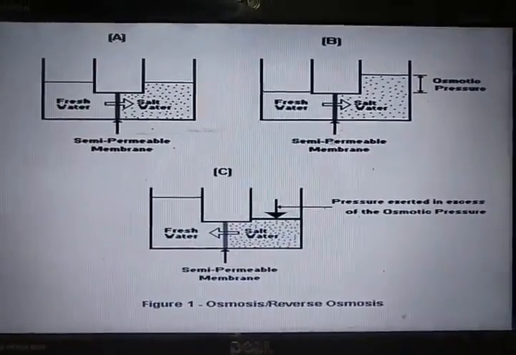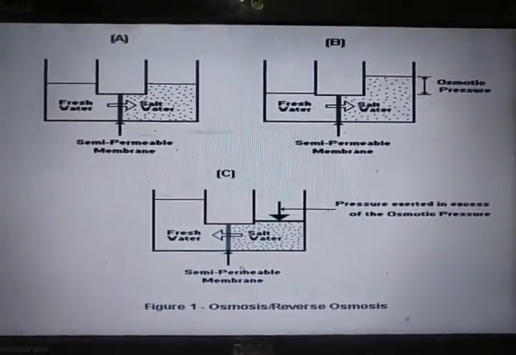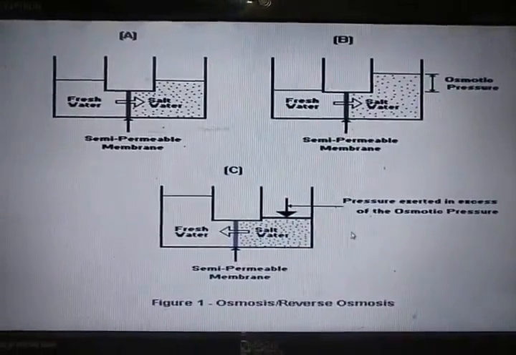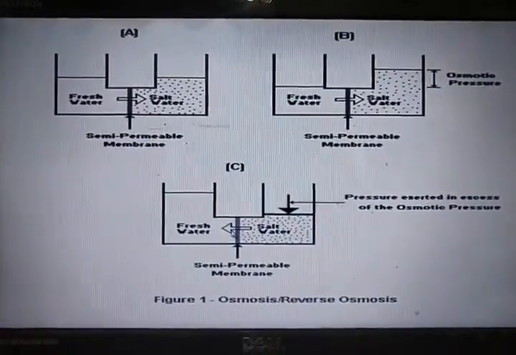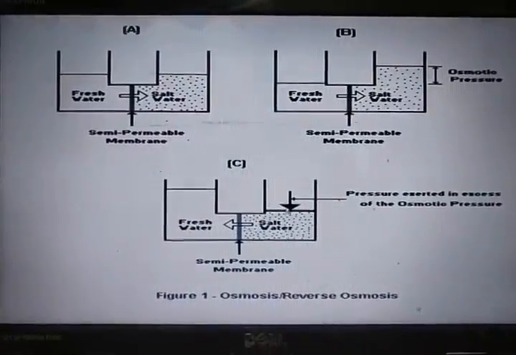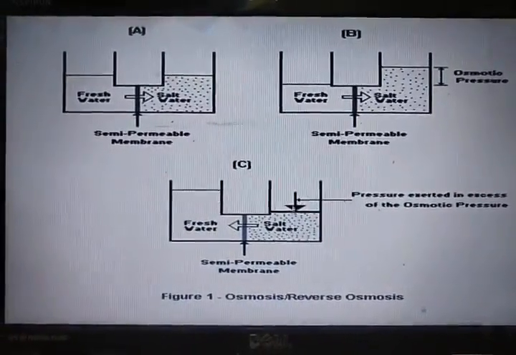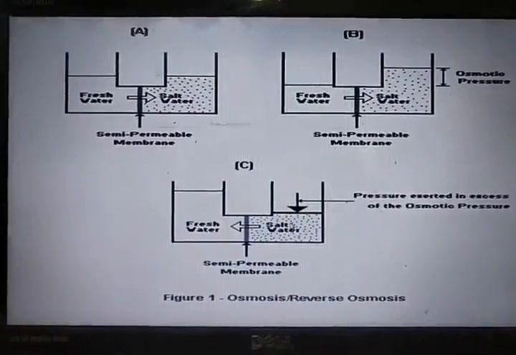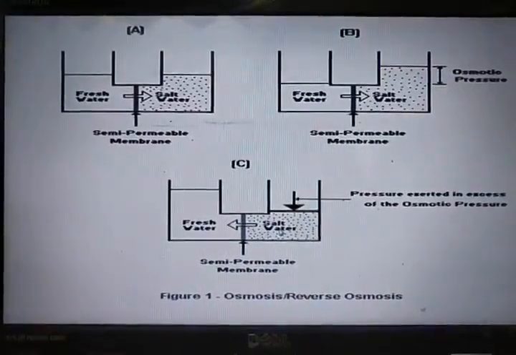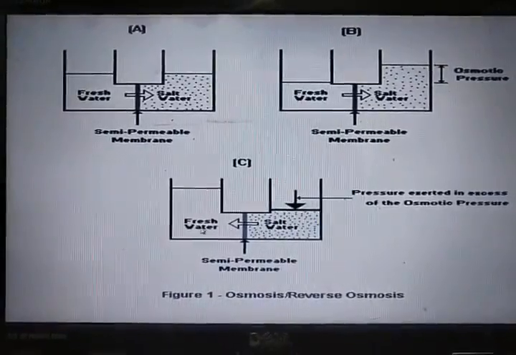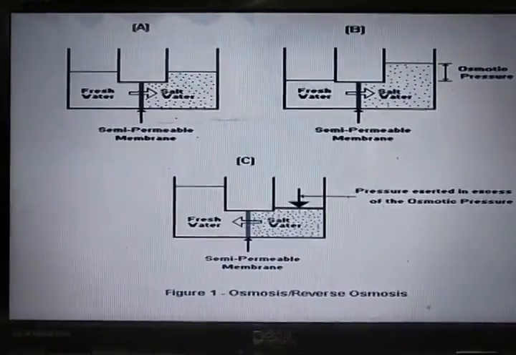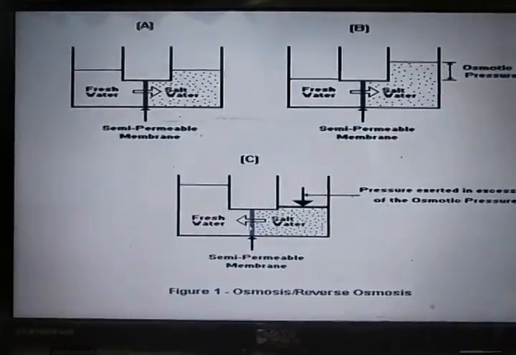Here, in the process of reverse osmosis, what we are doing is reversing it. That means we apply pressure across the higher concentration liquid so that only water from this concentrate is allowed towards the fresh water with the help of the membrane in between.